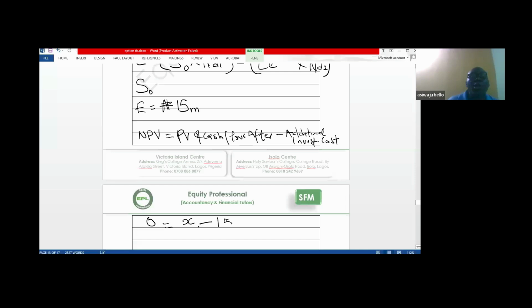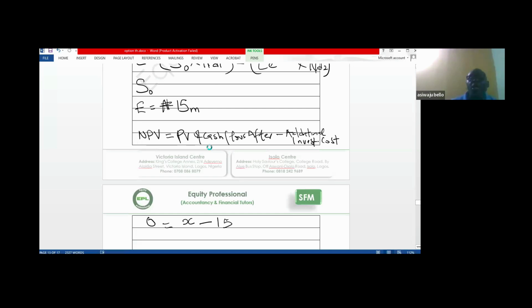The present value of cash flow after expansion minus 15 is 0.